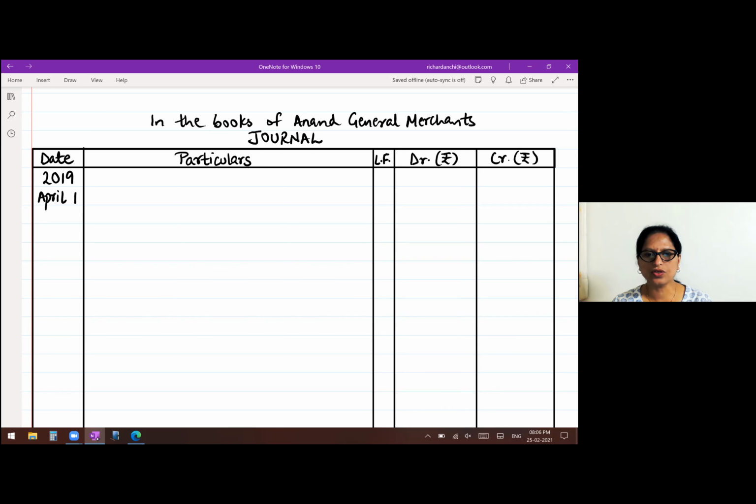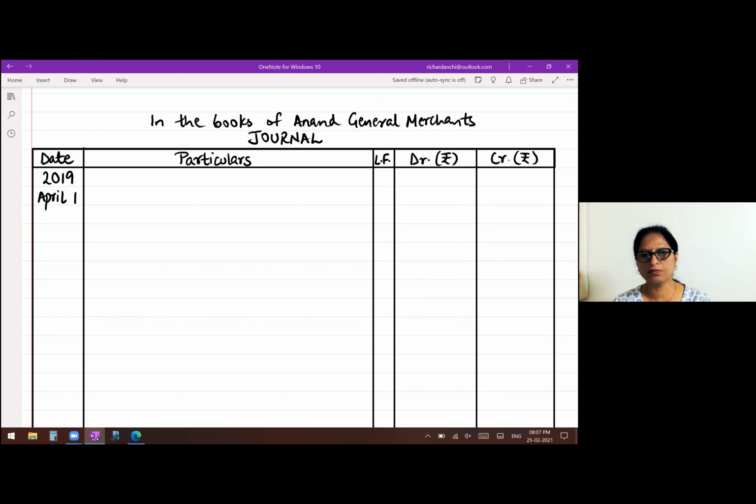Now we have done this transaction where we had to pick out 2 accounts, state their types. Then we have even studied the analysis of the table, finding out which rule applies to which account. So here when Mr. Anand starts business with cash, the 2 accounts involved are cash account and capital account.